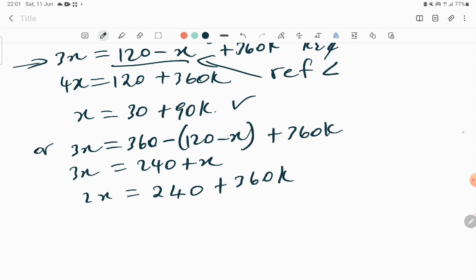Then this is what we have. So looking for x, we divide this. 240 divided by 2 is always going to be 120. Then what is 360 divided by 2? It's just going to be 180. So this is what we have.